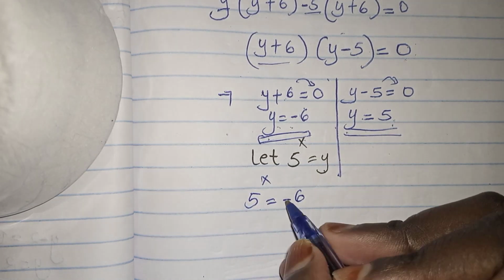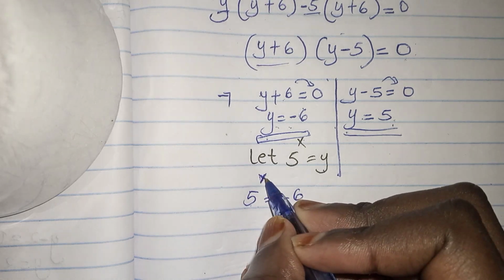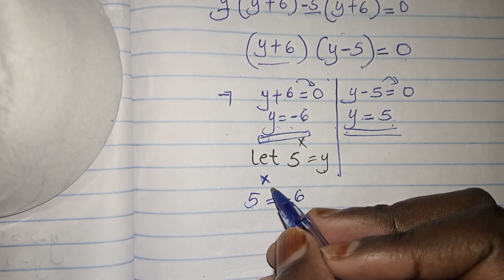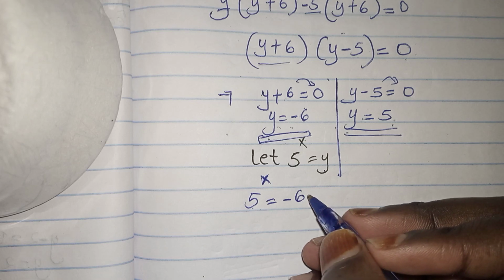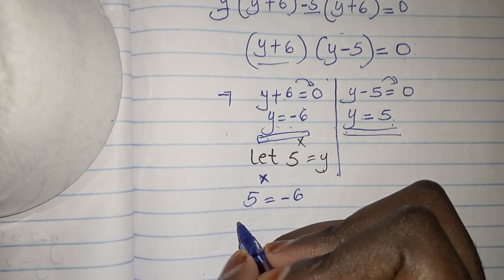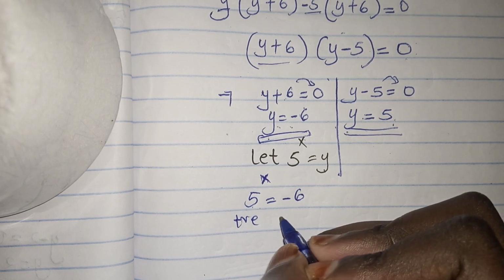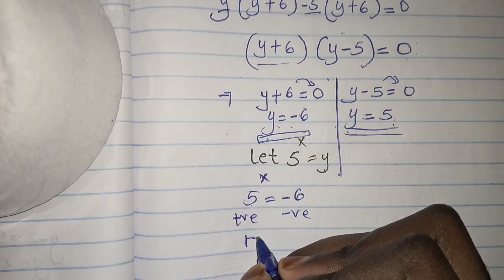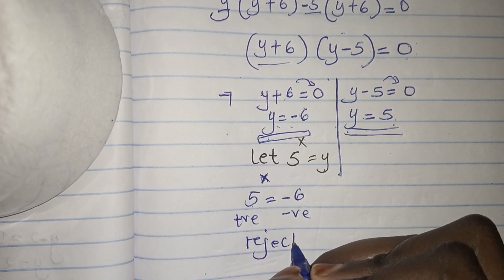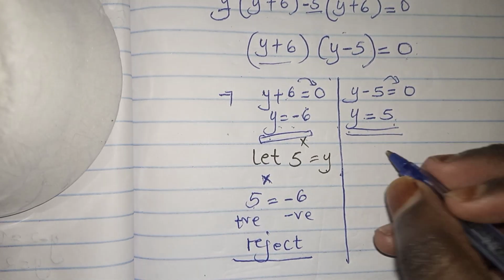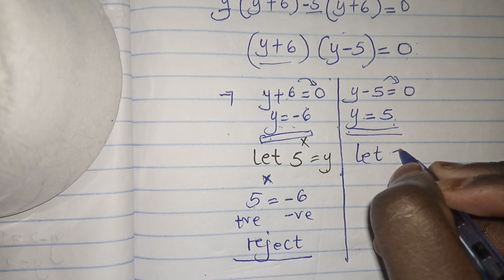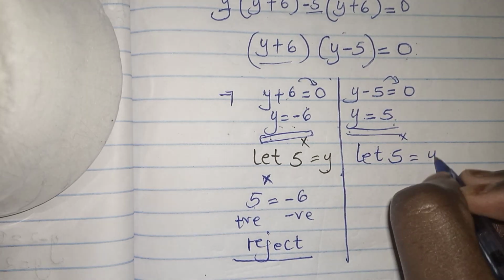It's not true because 5 to the power of x should be greater than 0, and negative 6 is not greater than 0. So this is positive and this is negative. We reject this value.